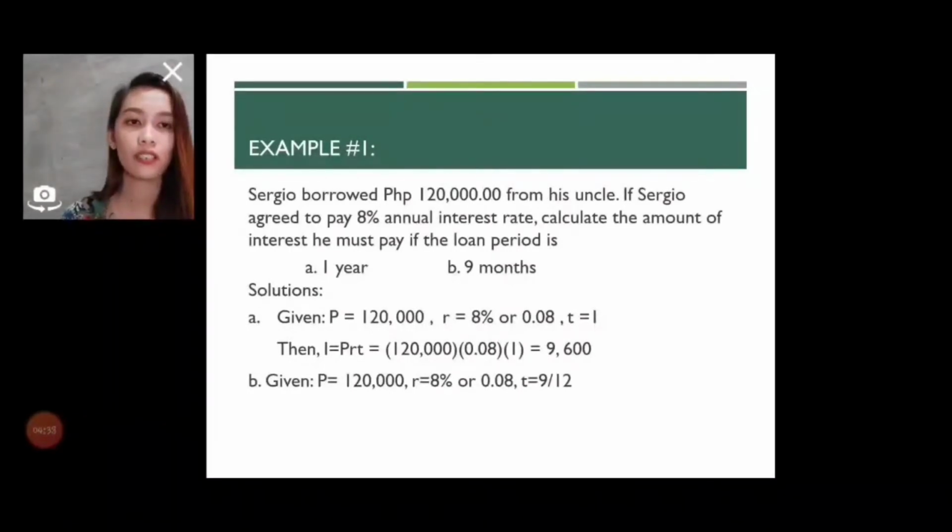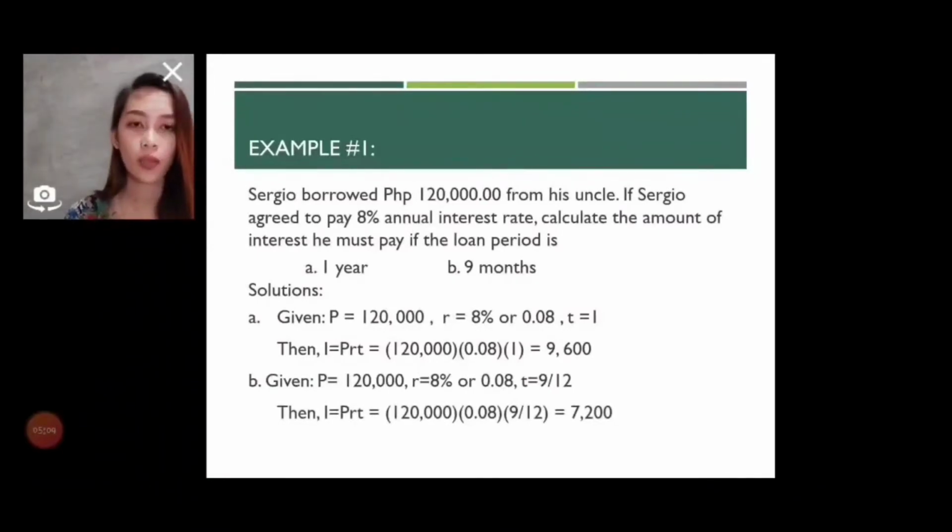The difference there is the time, because you will pay the loan after 9 months. Since the rate is annual, 8% per year, you are going to divide 9 by 12. So you are going to pay 9 months out of 12 months, where 12 months is equivalent to 1 year.